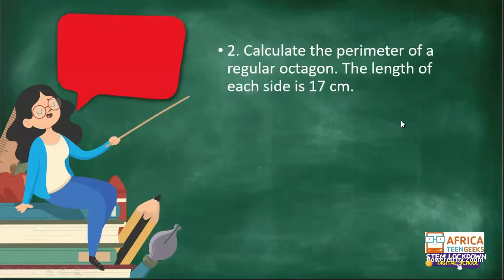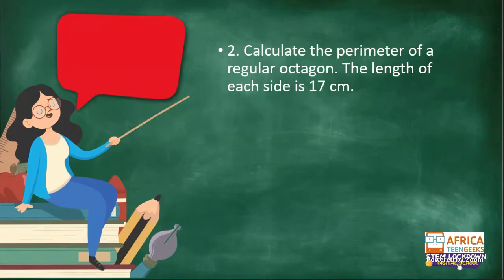Now, we are proceeding. We have to revise the perimeter of a regular octagon. And the length of each side of the octagon is 17 centimeters. So I want you to remember your polygons. Remember, we have an octagon. And before you can answer your question, you need to remind yourself about the octagon.